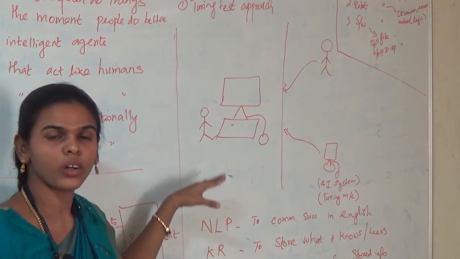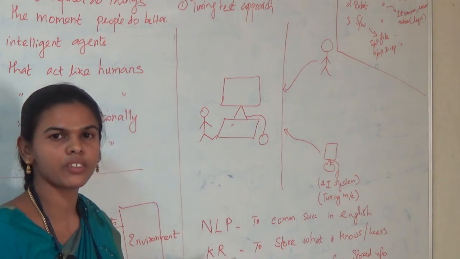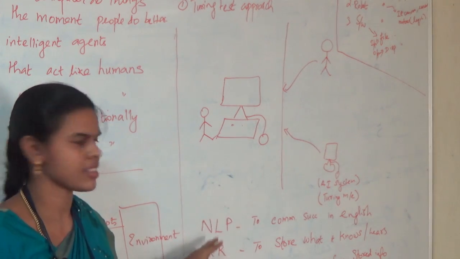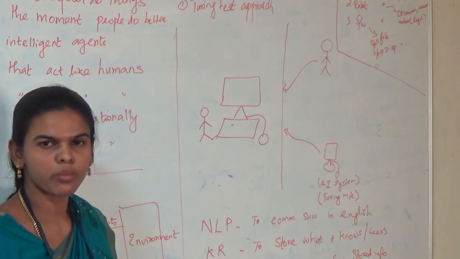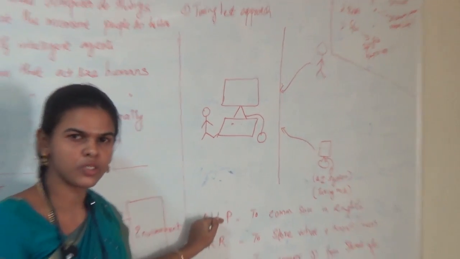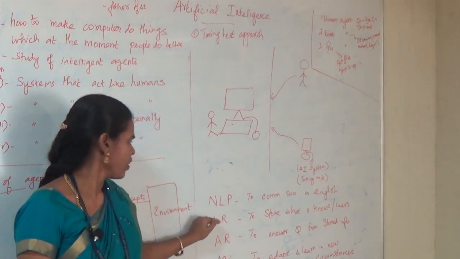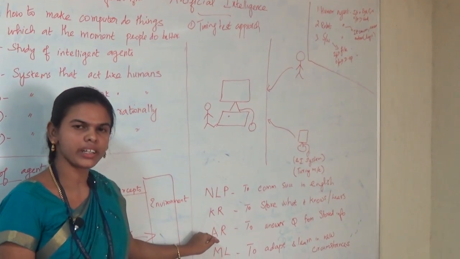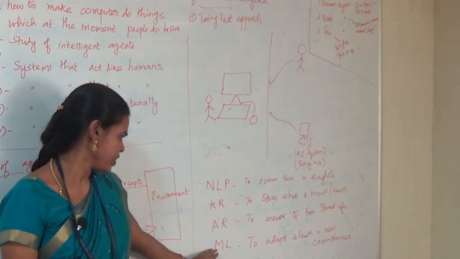So we will see what concepts are mainly needed for a machine to answer a question. These are the 4 main concepts needed for a machine: natural language processing, knowledge representation, automated reasoning, and machine learning.